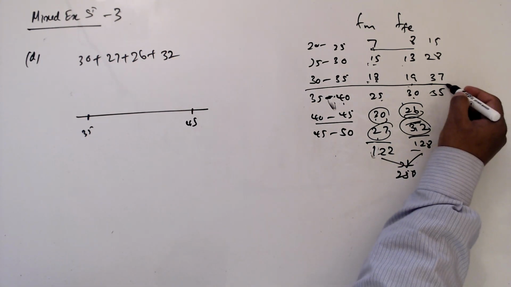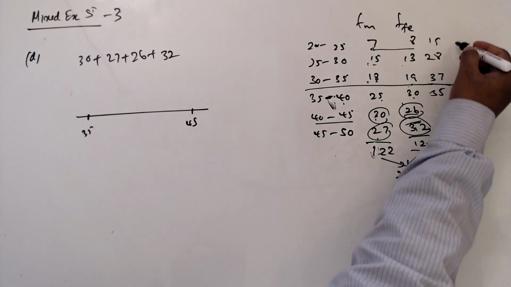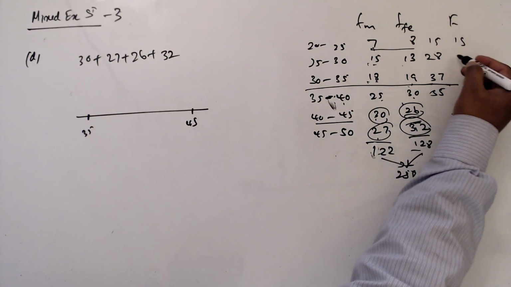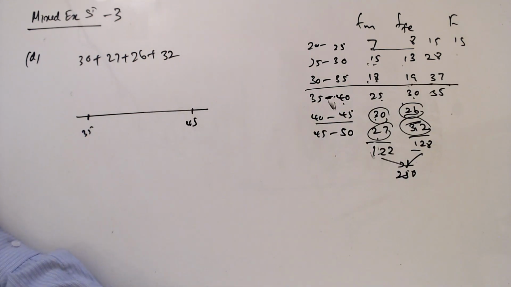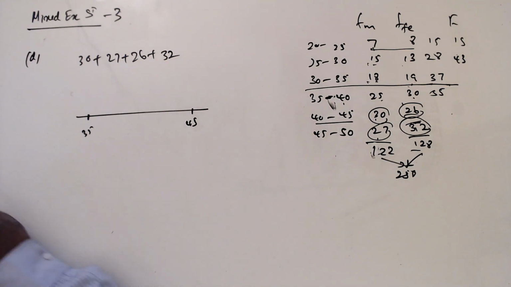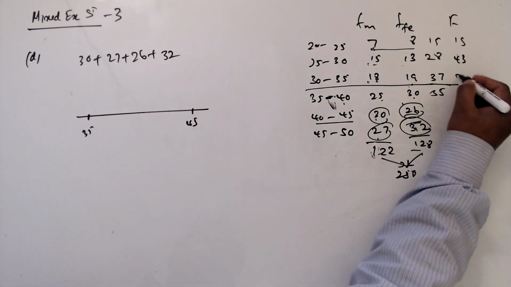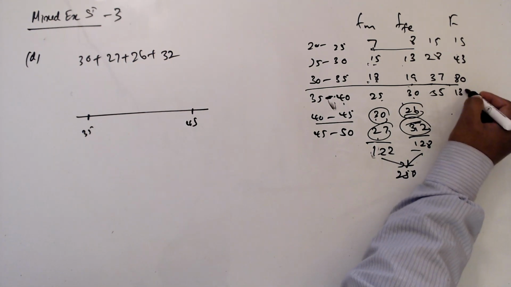Now, cumulative frequency 15, 28 plus 15, 43, and plus 37, 80, and 80 plus 55, 135.